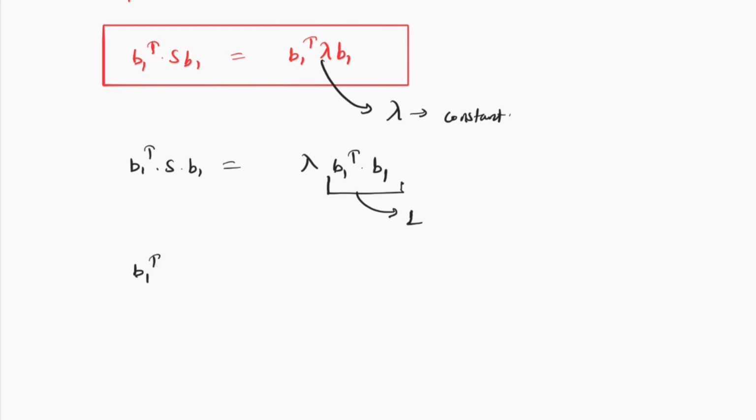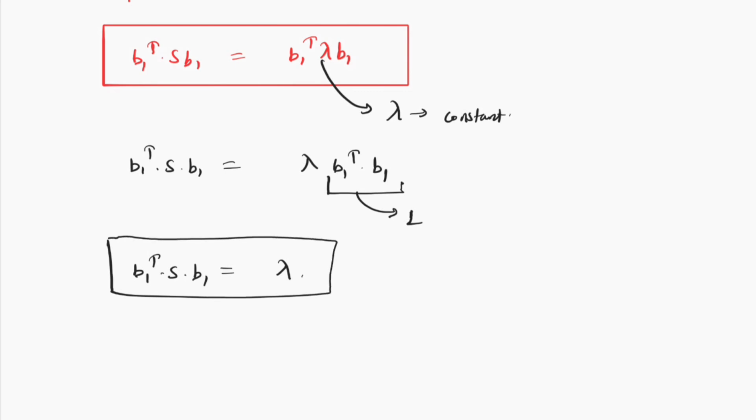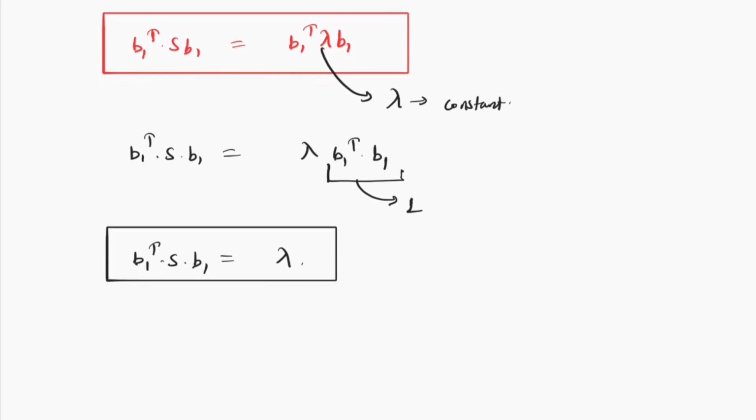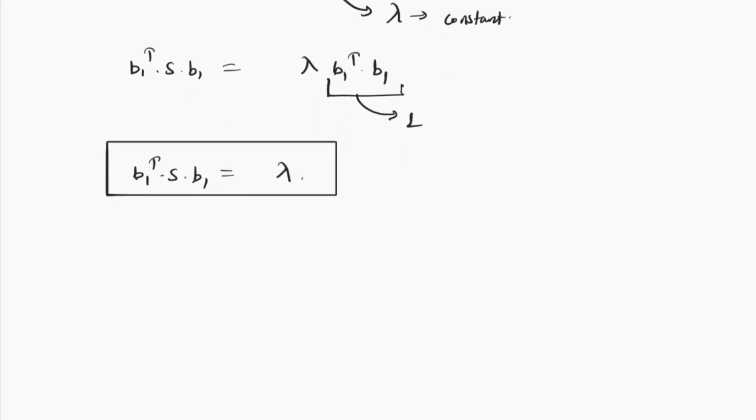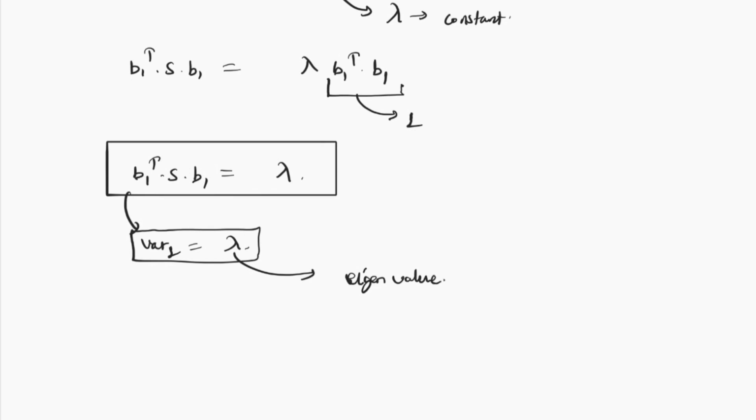So finally what we have is lambda, and this is the final conclusion that we have reached. This variance 1 is nothing but lambda, and this lambda is the eigenvalue, right?